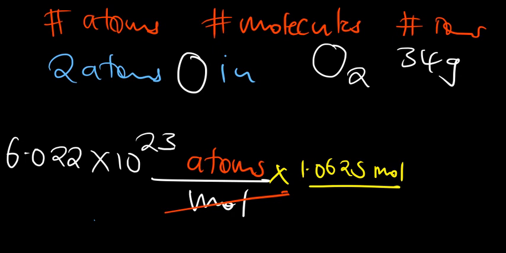This number of moles is per oxygen molecule. Now, are we interested in the oxygen molecule? No, we're interested in the atoms. We know that in each oxygen molecule, we have how many atoms? 2. So you are supposed to multiply by 2.